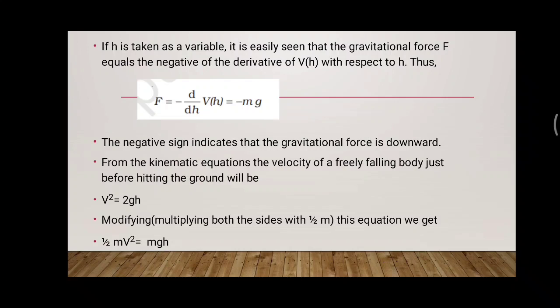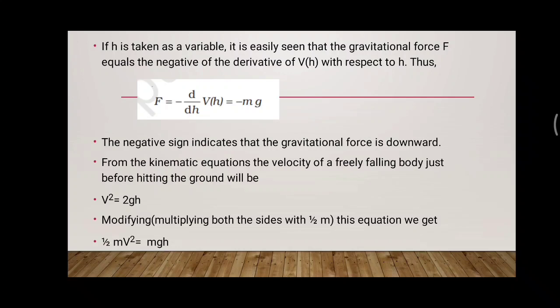From the kinematic equation, the velocity of the freely falling body just before hitting the ground is given by v square equals u square minus 2as, where a is equal to minus g, so minus g into minus becomes plus, that is 2g, and the displacement is the height h.